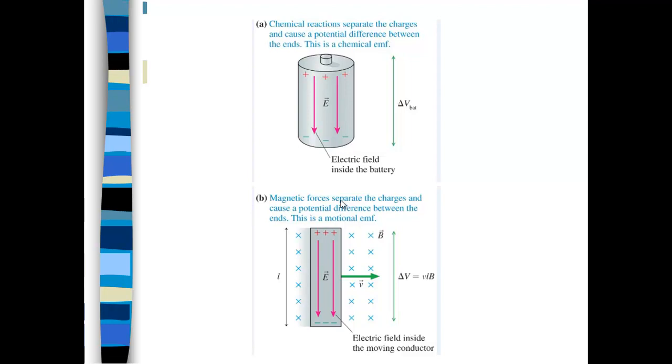Motional electromotive force means that the conductor has to be moving. So this conducting object has to move through this magnetic field, so it feels a change in the magnetic field as it's moving with this velocity v, and our change in voltage is just equal to the velocity times the length of the conductor times the magnetic field.